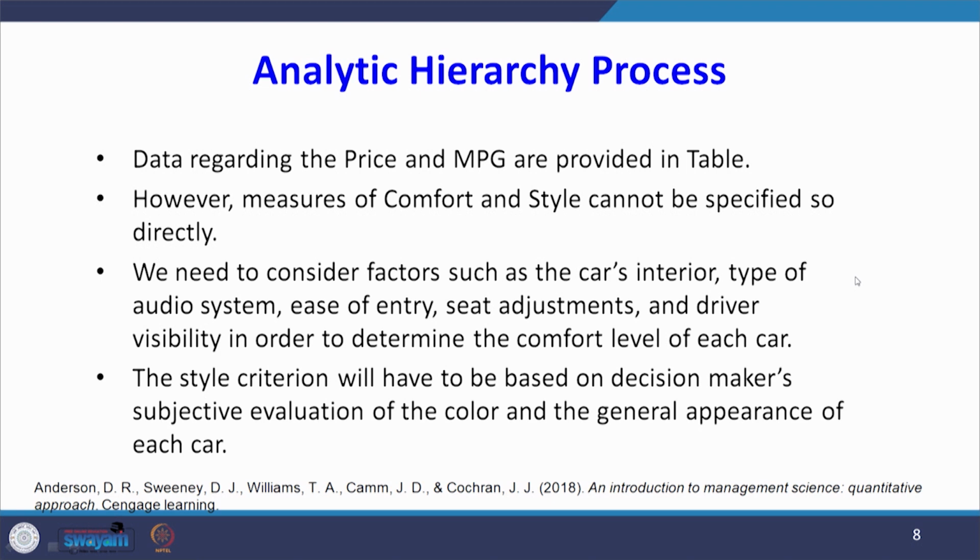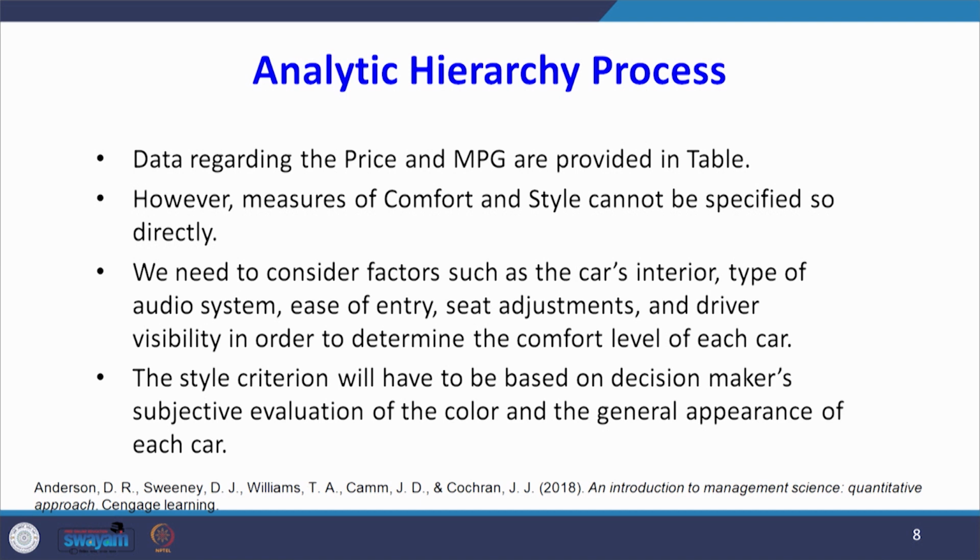In the previous slide, data regarding the price and miles per gallon are provided. However, measures of comfort and style cannot be specified so directly. For example, price and miles per gallon can be given directly in the form of absolute numbers. But comfort and style are qualitative factors. This cannot be given directly.